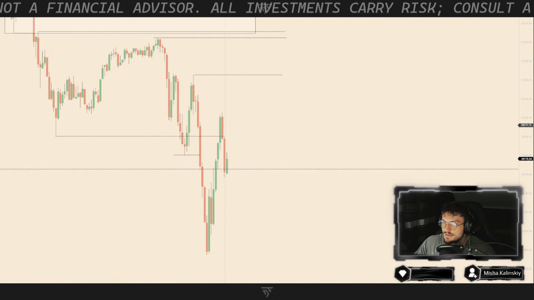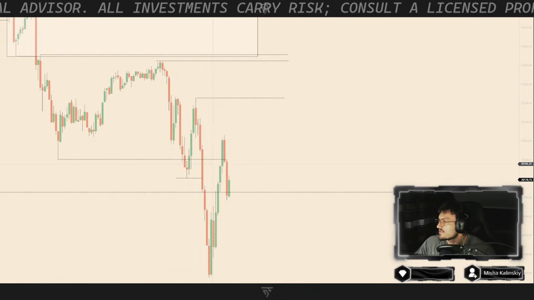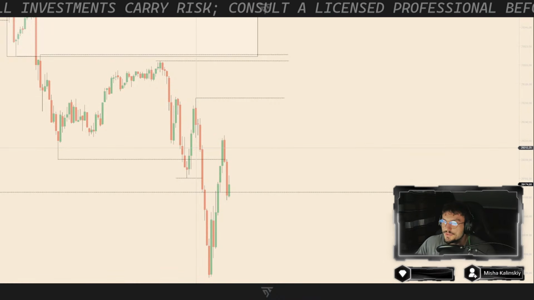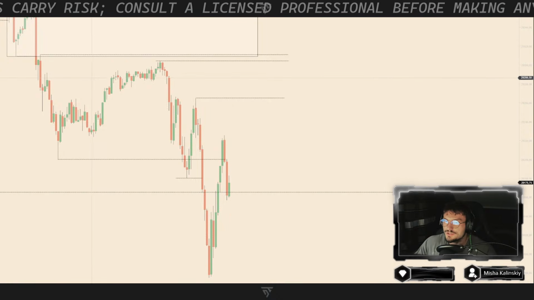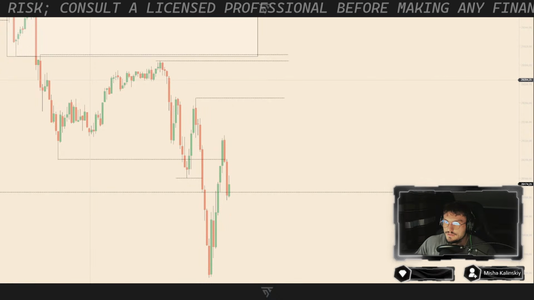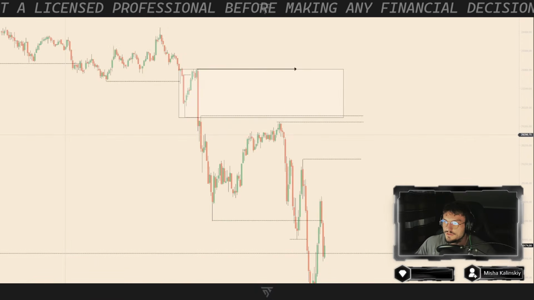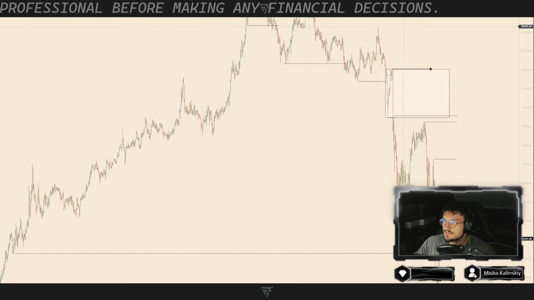We got a small reaction. Of course, each leg has its own swing count, and we should take that into account. I would consider this an MM, but it's a lower time frame one. So is this swept?